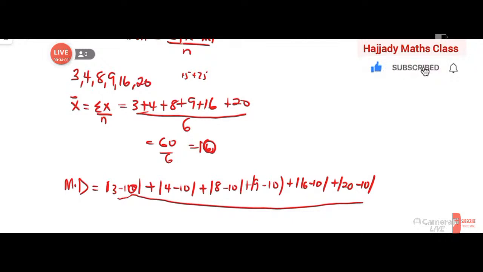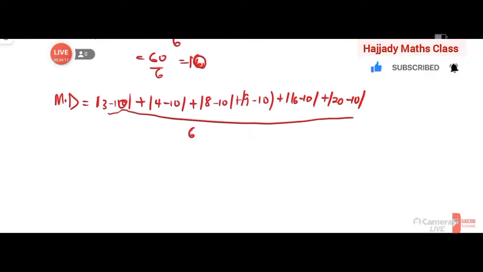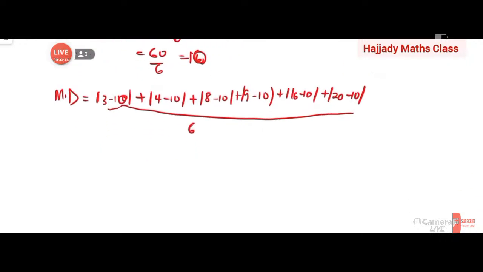Which is 6. So calculating this now, 3 minus 10 is going to be negative 7. Taking the absolute value of that is going to be positive 7. 4 minus 10, you are going to have 6, plus 2. Don't forget, you are taking only the positive value because of the presence of the absolute value.